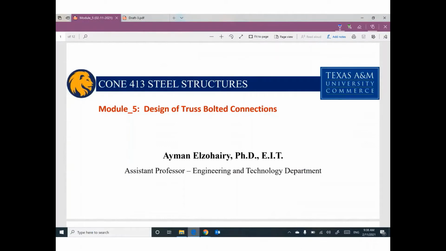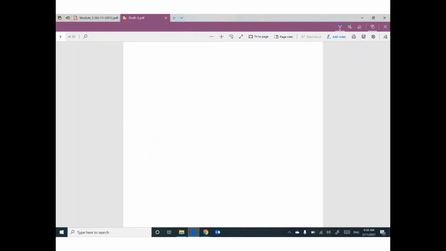So today I will start to design the truss bolted connections. Just a reminder of what we covered until this moment. We have a main system, looks like a truss, and we can draw a layout.